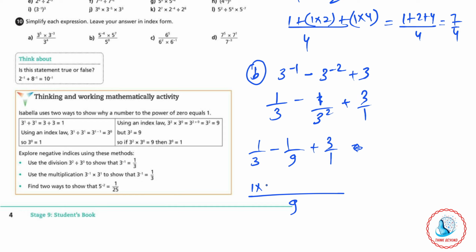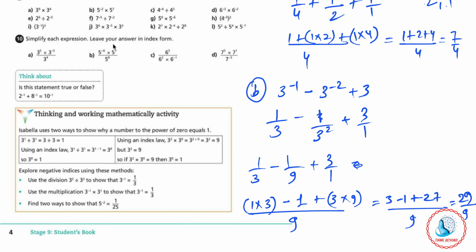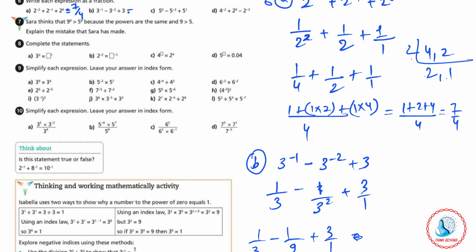So it's 1 times 3 minus 1 plus 3 times 9. Now do it. 3 minus 1 plus 27 over 9. Now solve it. We'll get 29 over 9. So here the answer is 29 over 9.